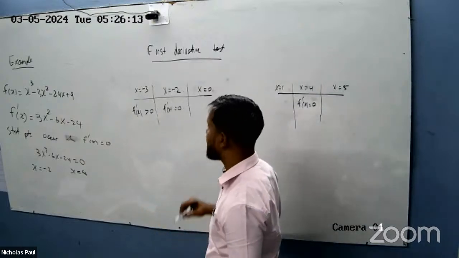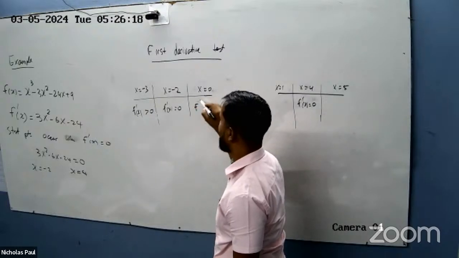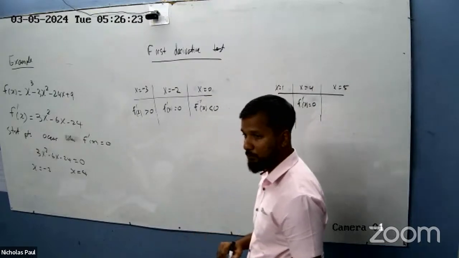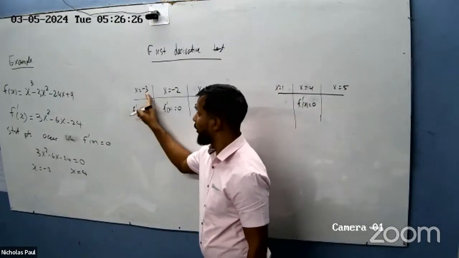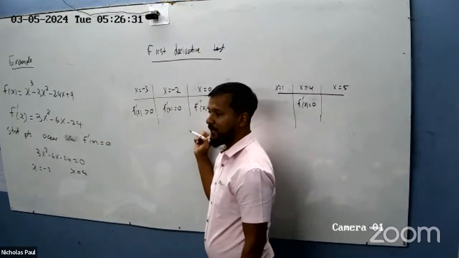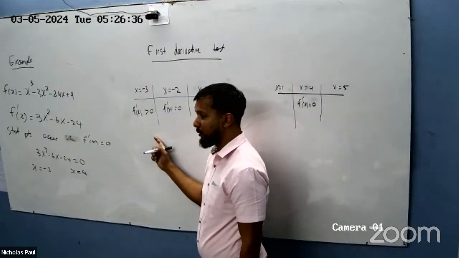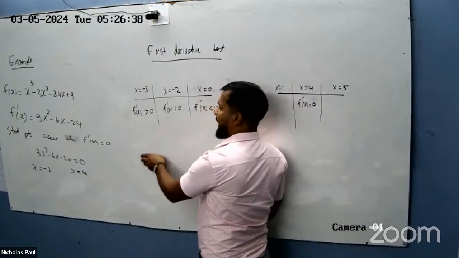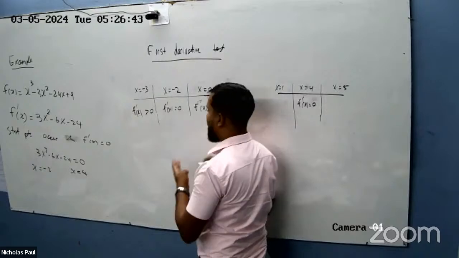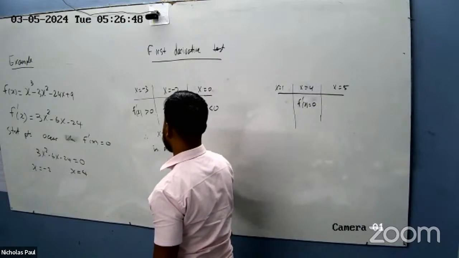When you plug in 0, f prime x will be less than 0. I got more than and less than. So if the function is increasing and then starts to decrease, what kind of point is that? Maximum. So x equal to minus 2 is a maximum.